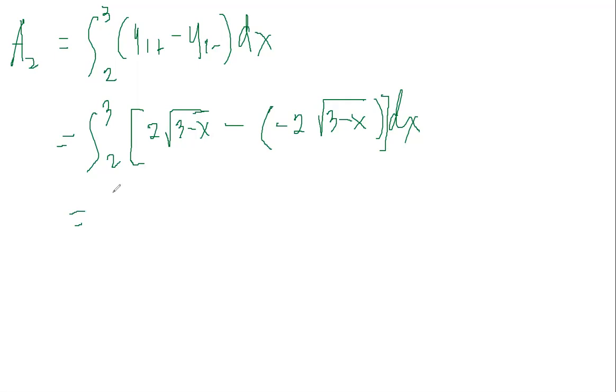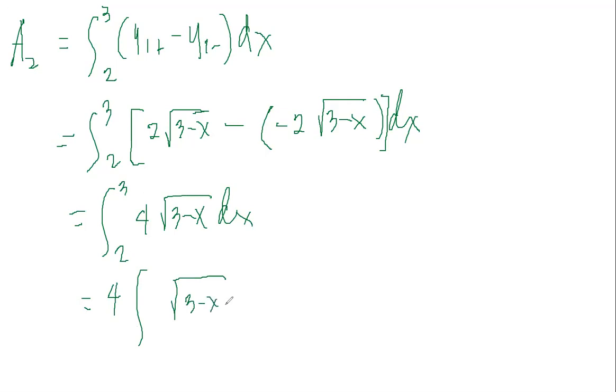Okay, so let's simplify. So this is equal to 4 square root of 3 minus x dx, and this is from 2 to 3. Okay, and this can be simplified into the integral of square root of 3 minus x dx from 2 to 3.